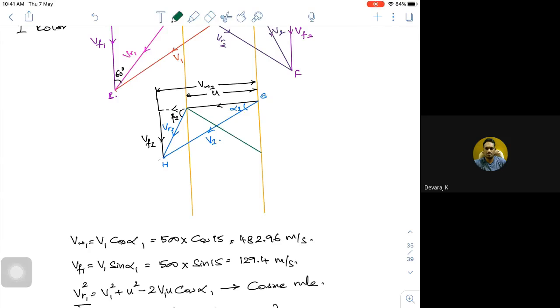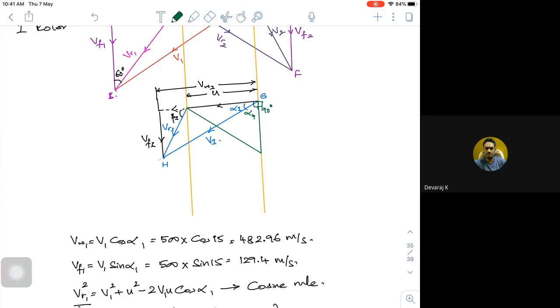You cut it in such a way that, see, one more thing they have given: this is alpha 3, no? They have given it as 90. See, it's given in the problem statement, that is your alpha 4, which comes on this side. If I show it, this is my 90 degrees. This is alpha 4, which is 90 degrees.